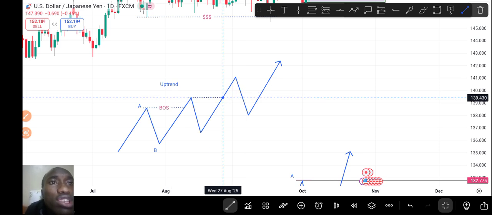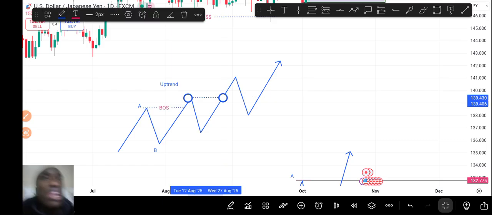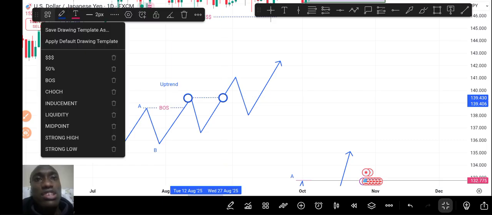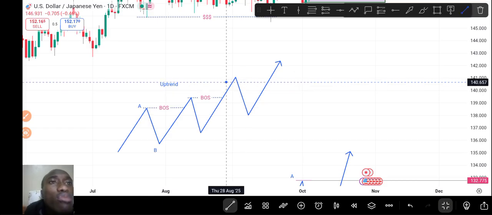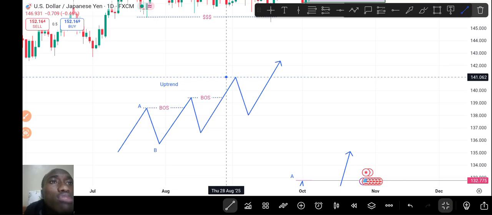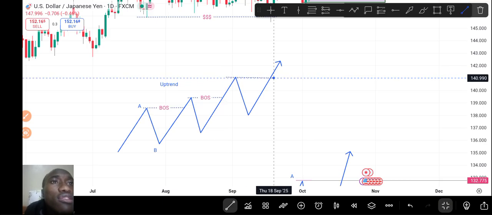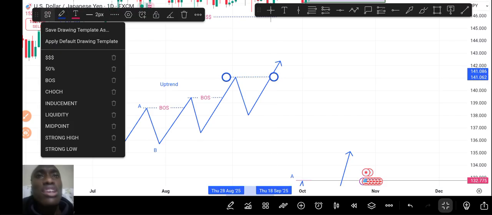It continues breaking structures to the upside. It breaks structure, retraces back a bit, and then continues the trend, breaking more structures.